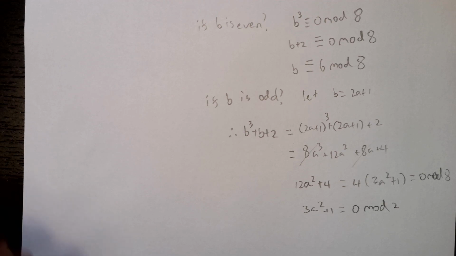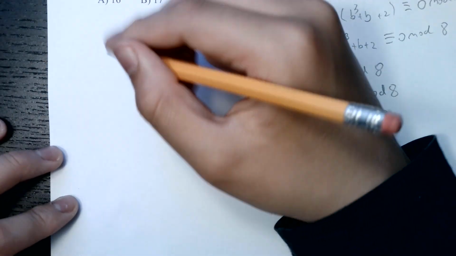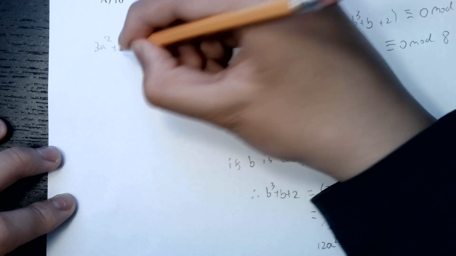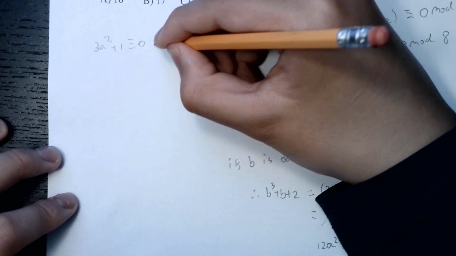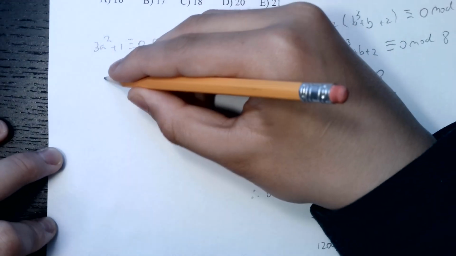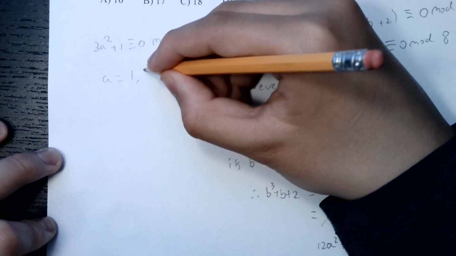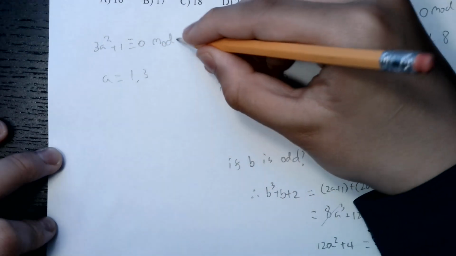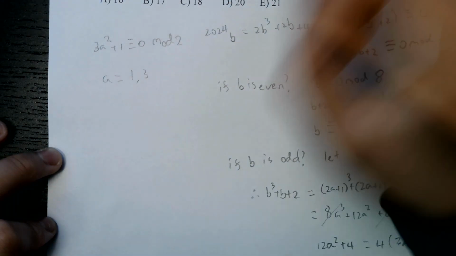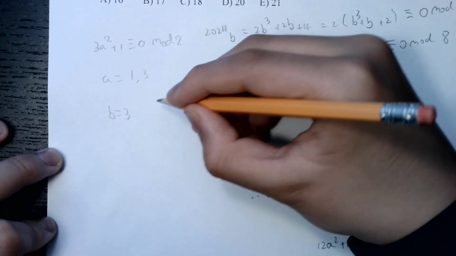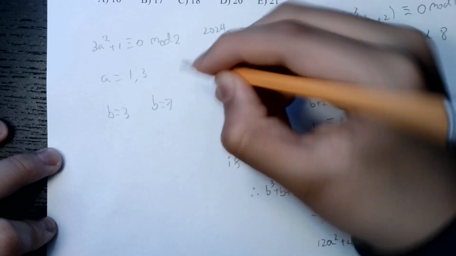This means that since 3a squared plus 1 is equal to 0 modulo 2, a has to be odd, so a is 1 or 3 modulo 4. And this means that b is going to have to be equal to 3 or b is going to have to be equal to 7.